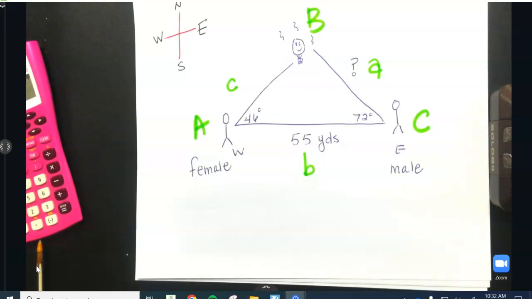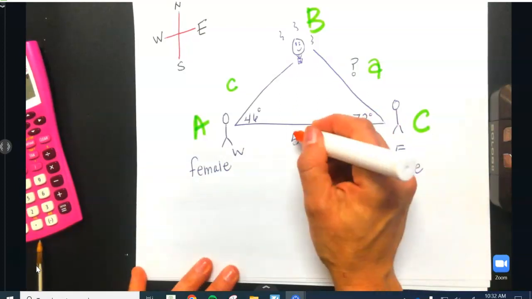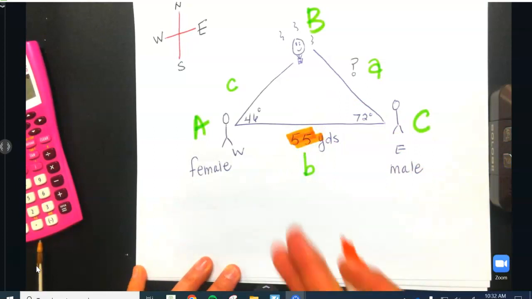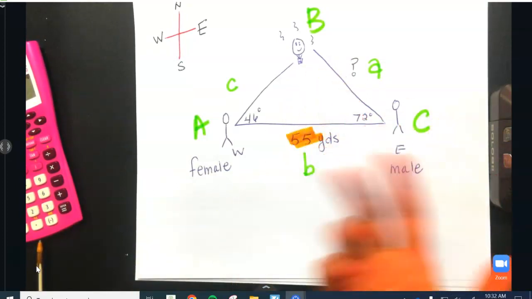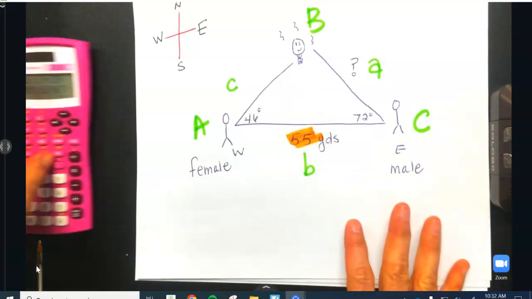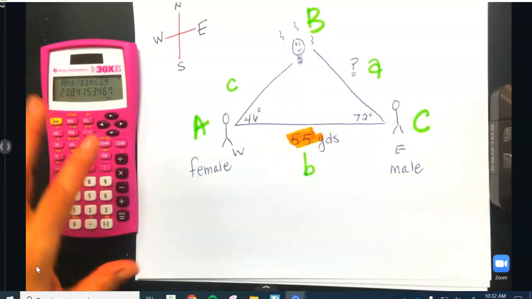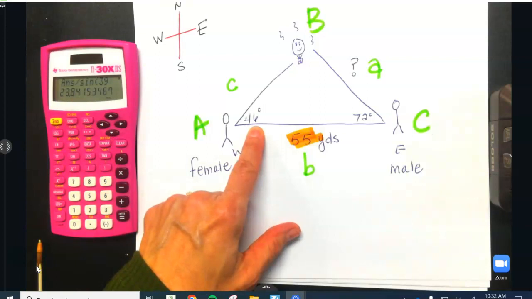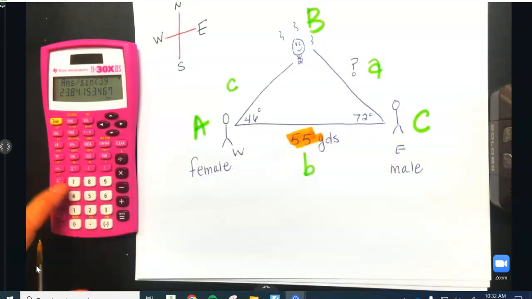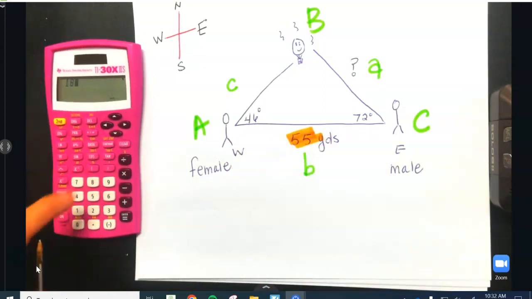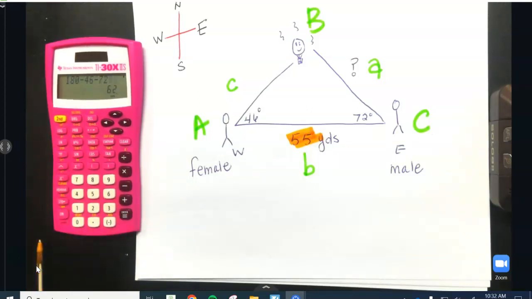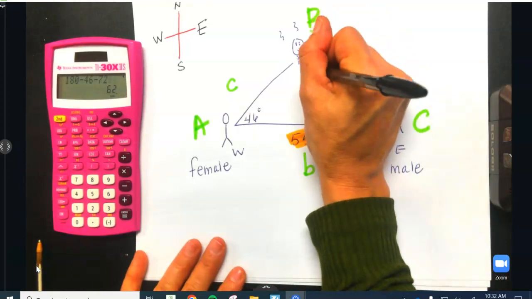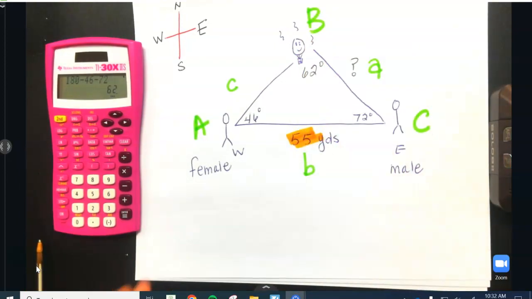So remember, you got to have some complete things over on the left side of your proportion. I'm definitely going to use 55, but I need this angle of the balloon. So we're going to have to do 180 minus 46 and minus 72. All right, so that balloon angle is 62 degrees. That's it.